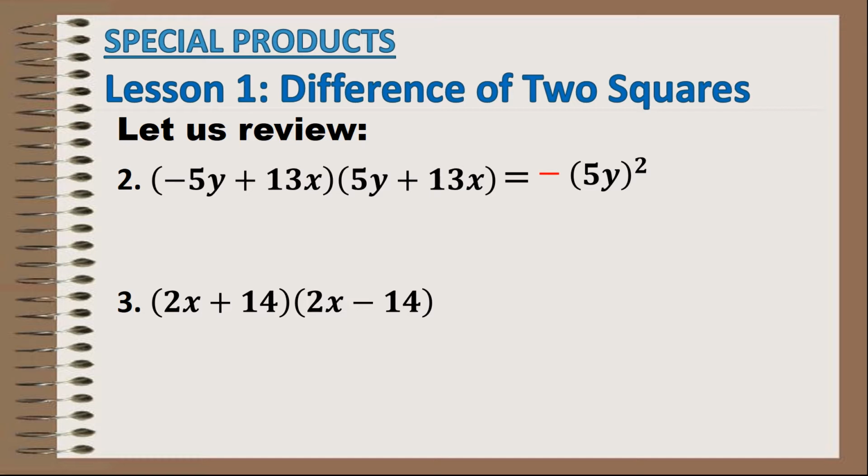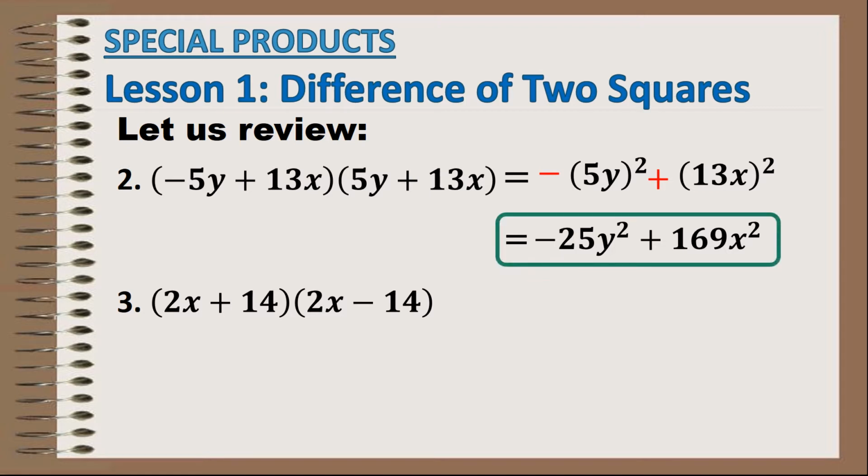So we have negative times the quantity of 5y closed quantity squared plus, and then get the square of the last term. We have the quantity of 13x closed quantity squared. Our final answer is equal to negative 25y squared plus 169x squared. And that is our final answer.